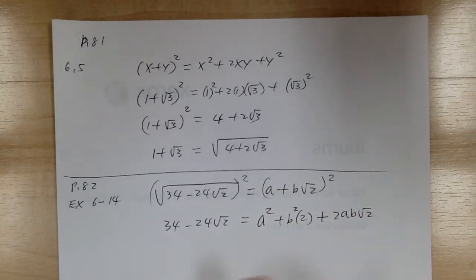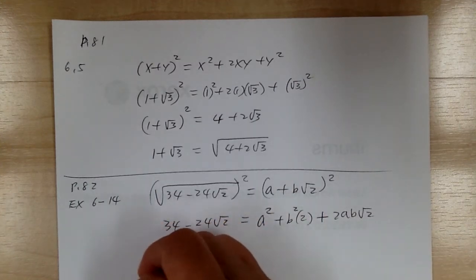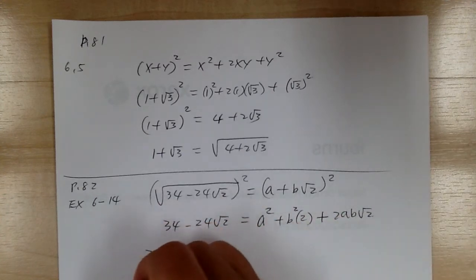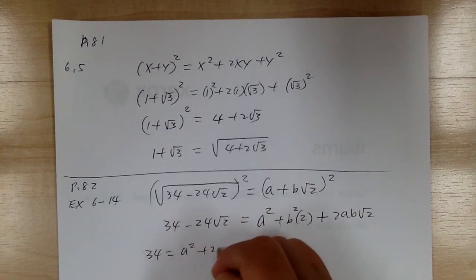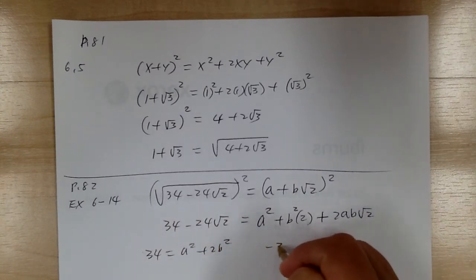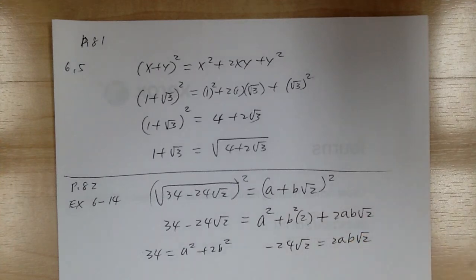Then you're going to match the integer part with the integer part, and the radical part with the radical part. So you get 34 equal to a squared plus 2b squared, and negative 24 square root of 2 equal to 2ab square root of 2. You can just match them up.